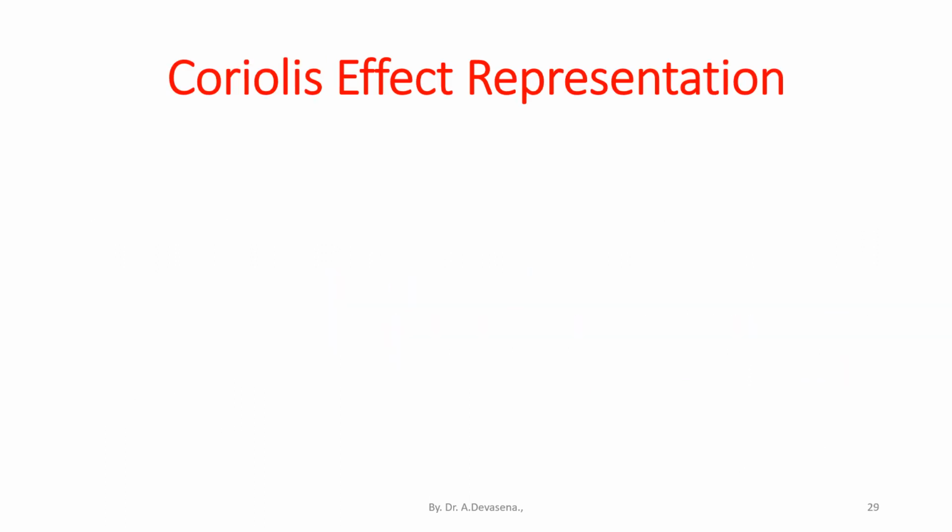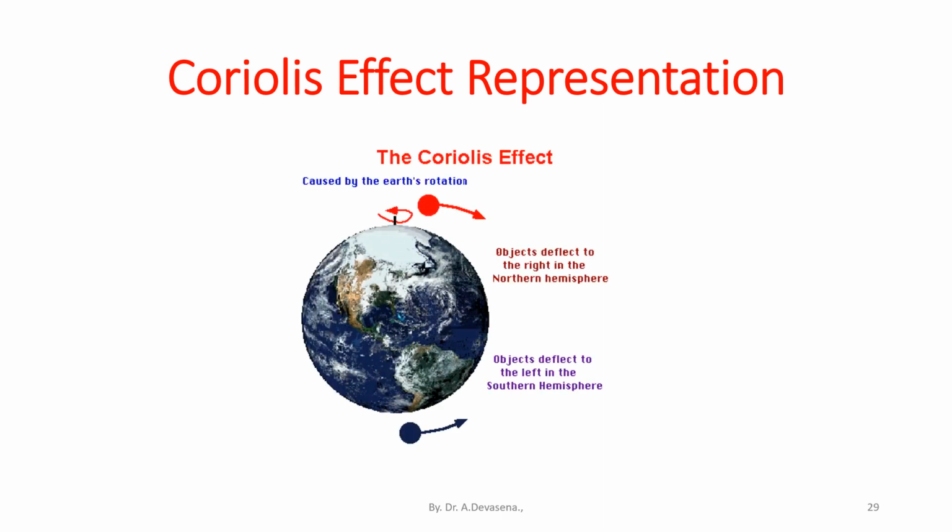Coriolis effect representation. The Coriolis effect is caused by the Earth's rotation. This is indicated here. Objects deflect to the right in the Northern Hemisphere. Objects deflect to the left in the Southern Hemisphere. It is indicated here.